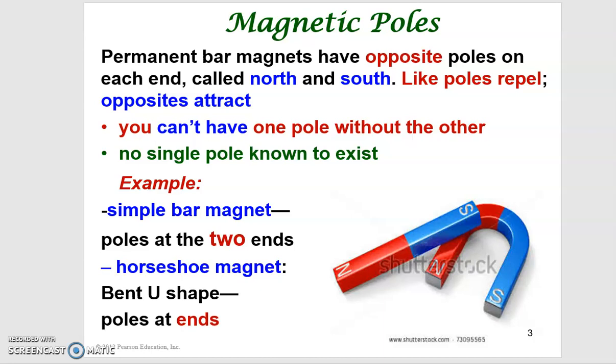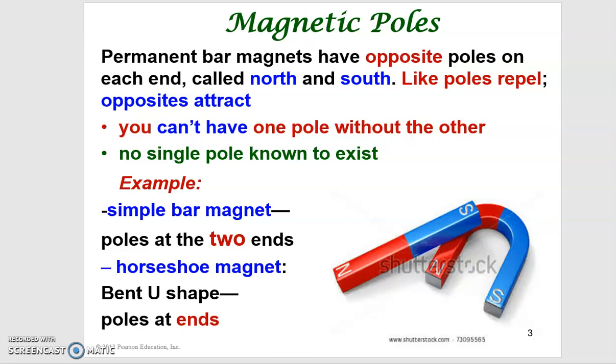Through simple demonstrations, people realized that like poles repel and opposite poles attract. So this is very similar to the electric charge. The same sign of charge do not like each other, so they repel. The opposite sign of charge attract each other.